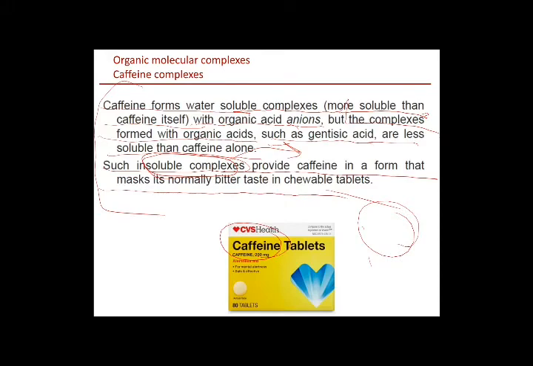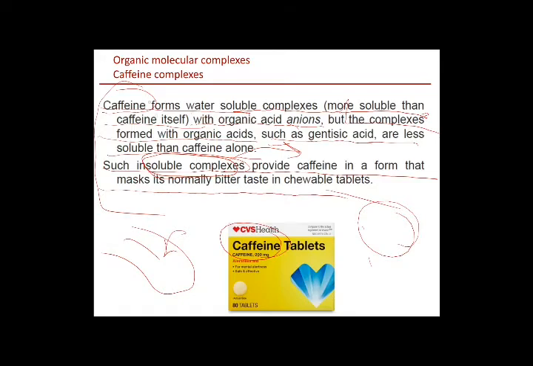And if something is not soluble in water, you will not feel the taste. I think I have told you this before. We only taste water-soluble stuff. Our tongue does not feel water-insoluble things. So if something is not water-soluble, you will not feel the taste.